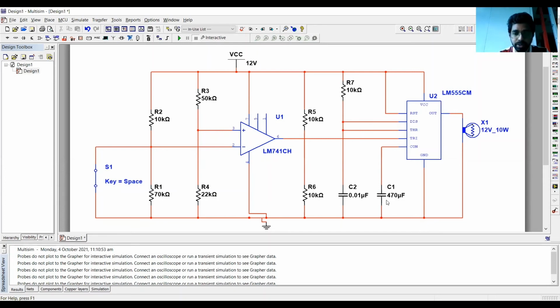We are also using two capacitors, 470 microfarads and 0.01 microfarads. We are also using an operational amplifier, LM741CH, one timer, LM555CM, one LED bulb, 12 volt 10 watt, and one power source which generates 12 volt.